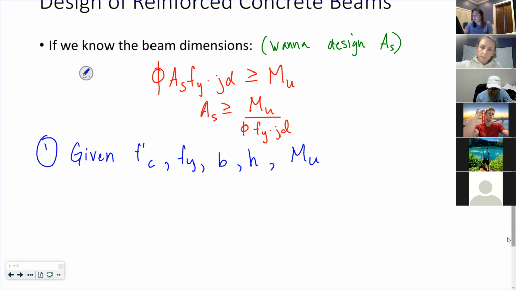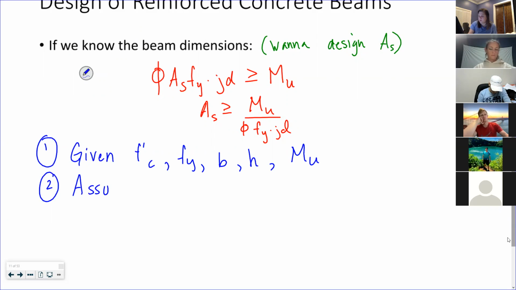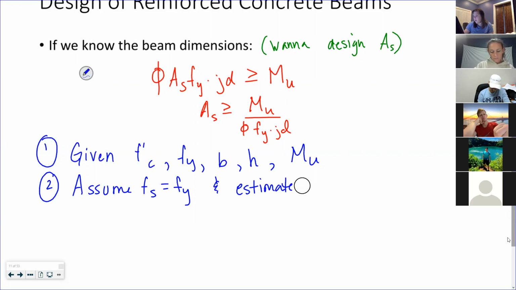We know how much we want to support. And we have our assumption that our steel has yielded. And we can estimate our d.